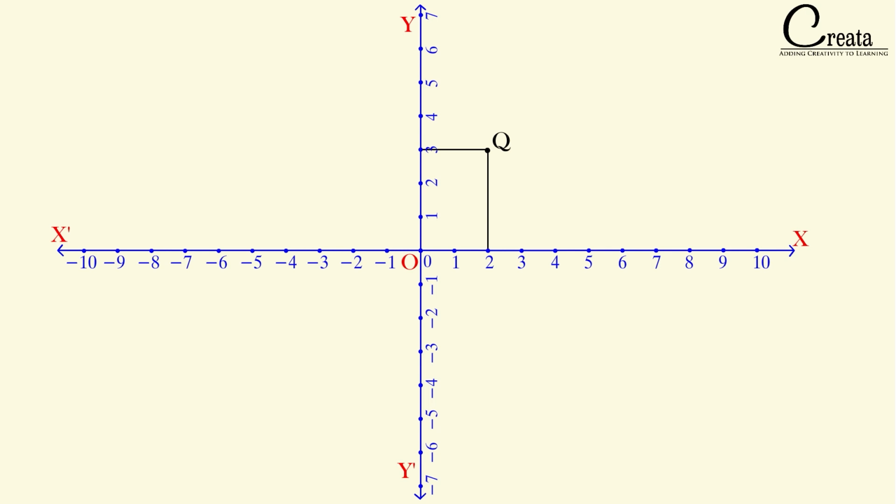On the x-axis, this line is crossing at 2 and on the y-axis it is crossing at 3. So we got the coordinate of this point Q as (2, 3), that is, 2 is on the x-axis and 3 is on the y-axis. This is the coordinate of point Q, or the address of this point Q.